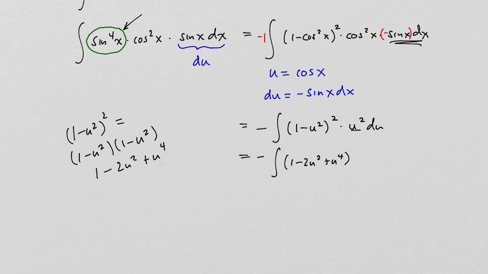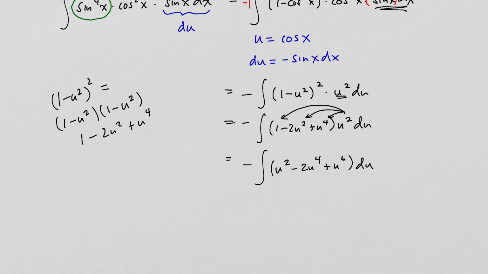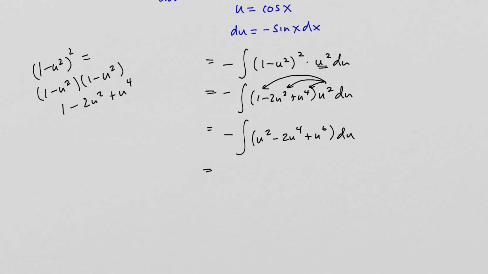And then don't forget, it still needs to be multiplied by u squared. So next we will distribute u squared to each of these. And that's going to give us u squared minus 2u to the fourth plus u to the sixth du. And then finally, we take the antiderivative.